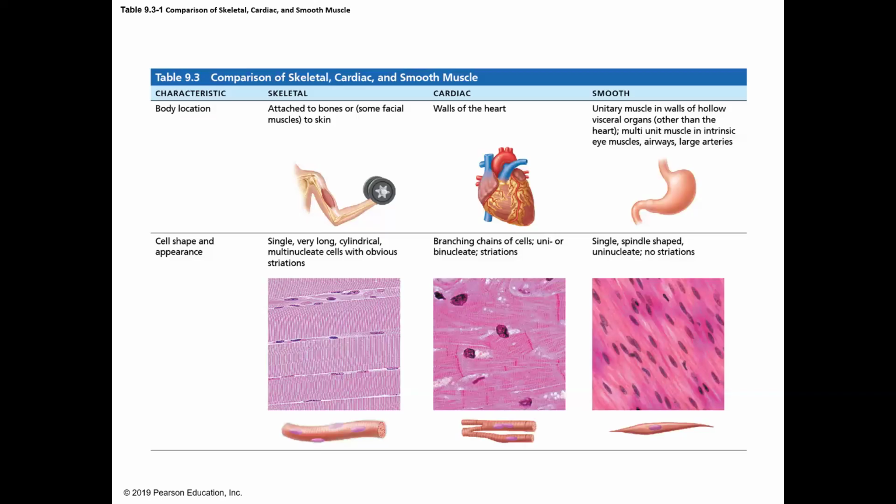Some other things I'll bring to your attention: when you work out skeletal muscle, it can get larger in size by adding more protein. That, when it gets larger in size by adding more protein, is referred to as hypertrophy. Cardiac muscle as well can hypertrophy. Smooth muscle does not get larger in size through adding more protein.